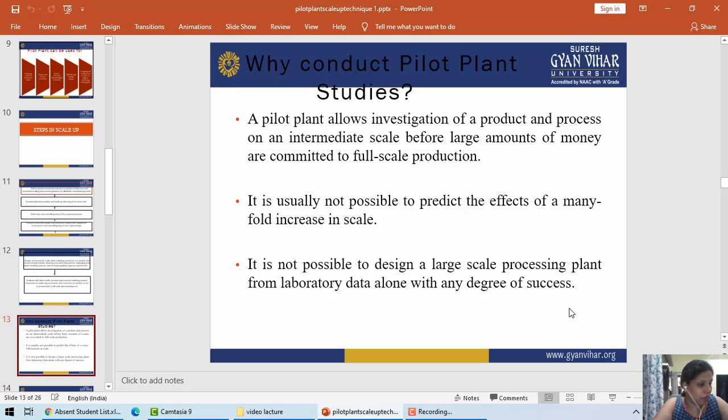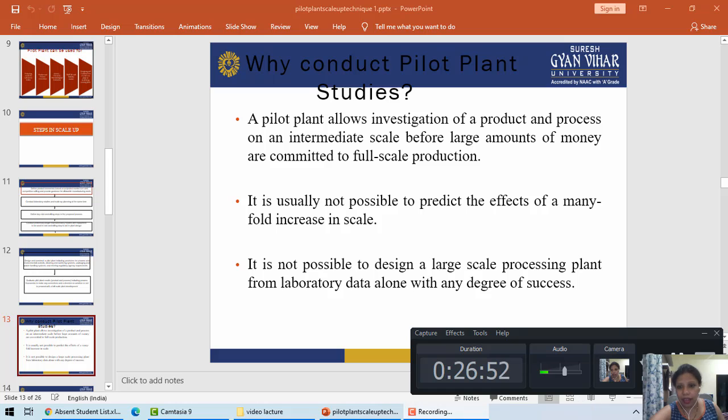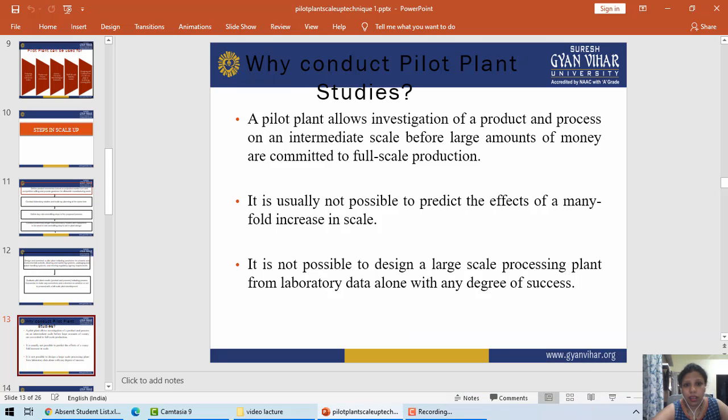A pilot plant basically allows the investigation of a product and process on an intermediate scale before large amounts of money are committed to full scale production.